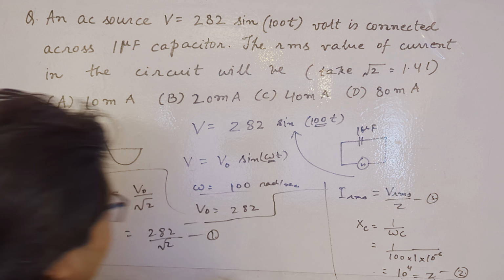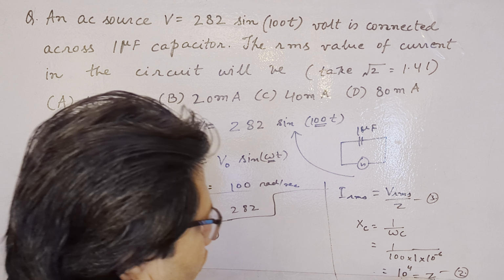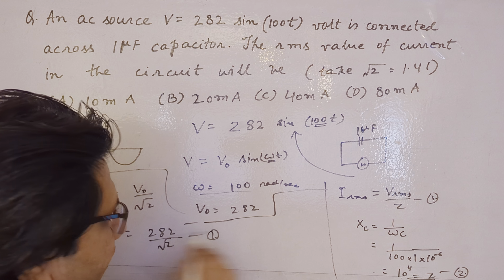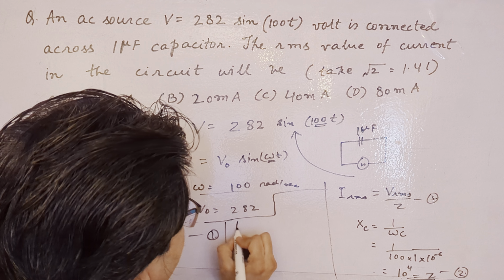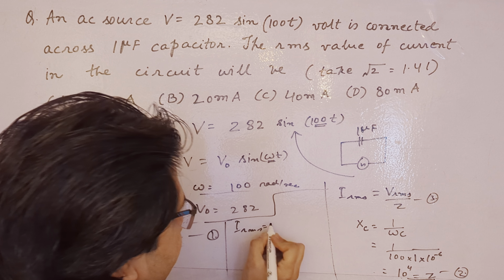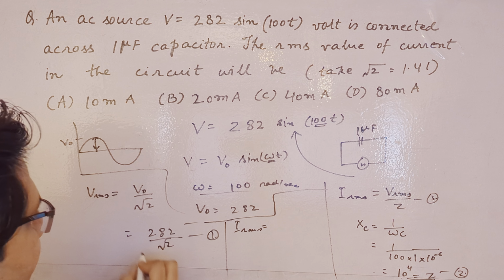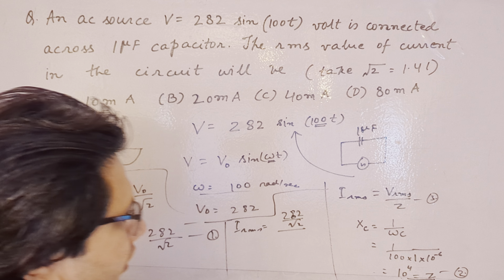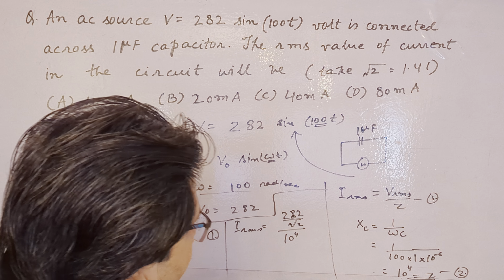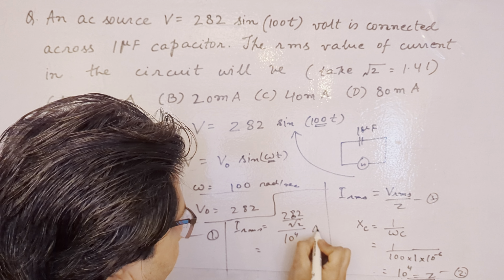Now put the values of VRMS and Z from equations 1 and 2 in equation 3. After putting them in the third equation, we get IRMS equal to VRMS, which is 282 upon square root 2, divided by 10 raised to the power 4. This is in ampere.